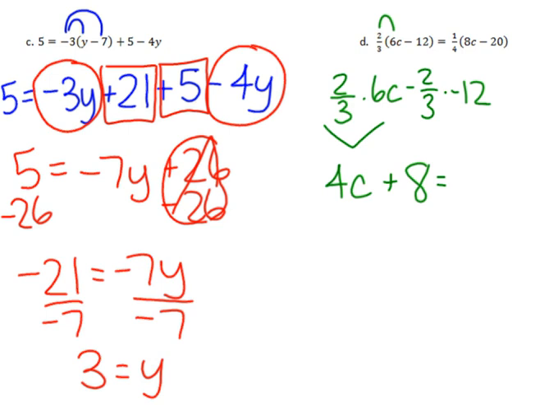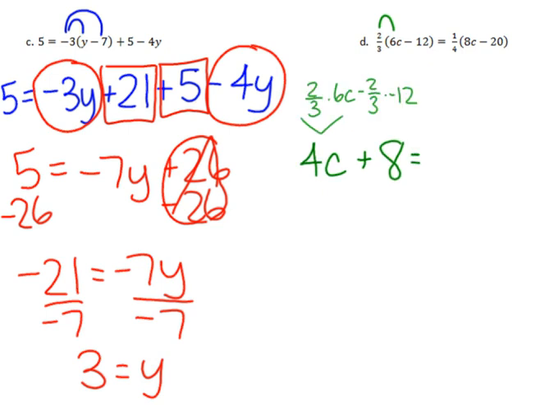And then on the second side of the equation, I'll have 1/4 times 8c, and positive 1/4 times negative 20. So that's going to be 2c minus 5.